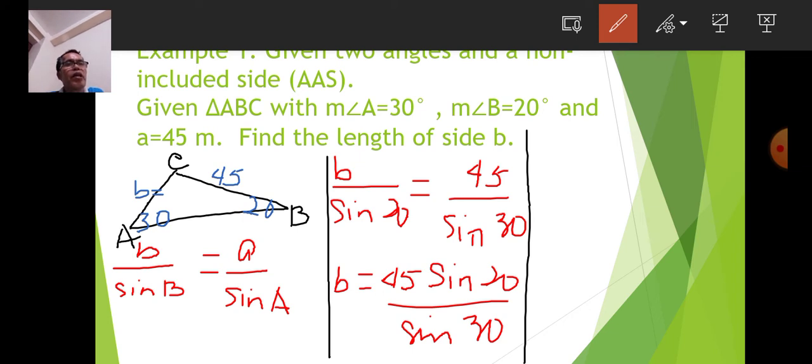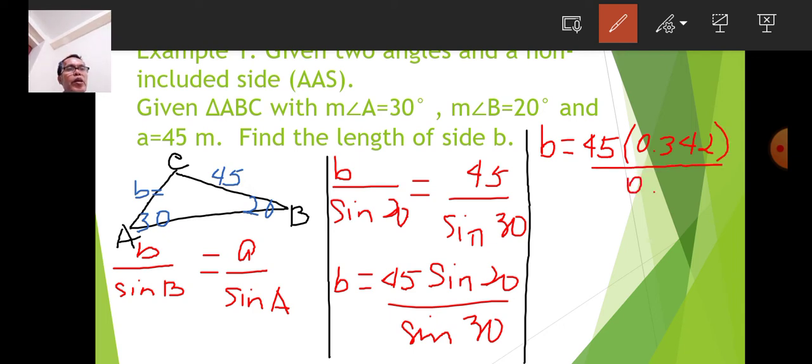So therefore B is equal to 45 times sine of 20, which is 0.342, over sine 30, which is 0.5. So B is equal, multiply 45 times 0.342, you will have 15.39 divided by 0.5.